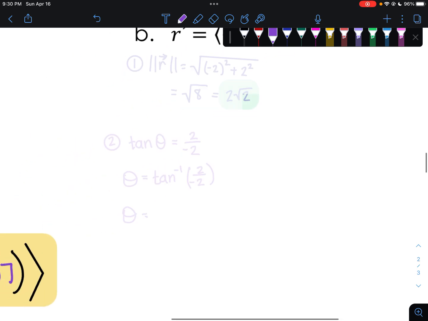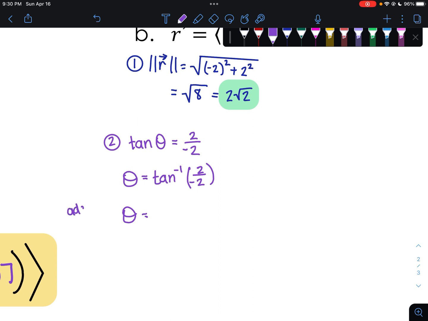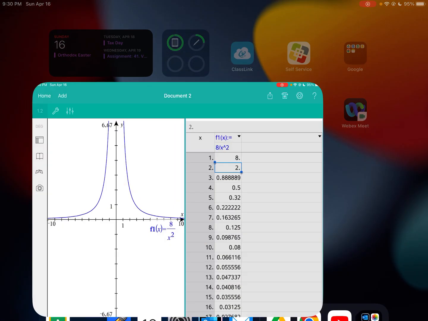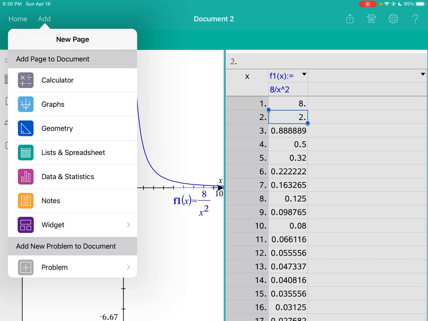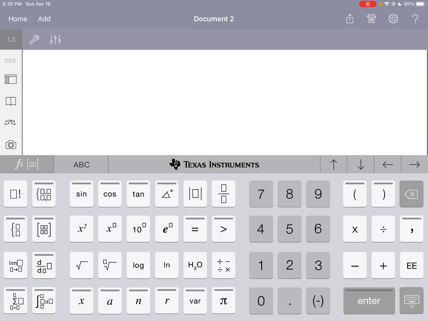And remember, you have to add 180 to get your theta. So I go to our calculator and do tan inverse of 2 over -2. It gives me -45.